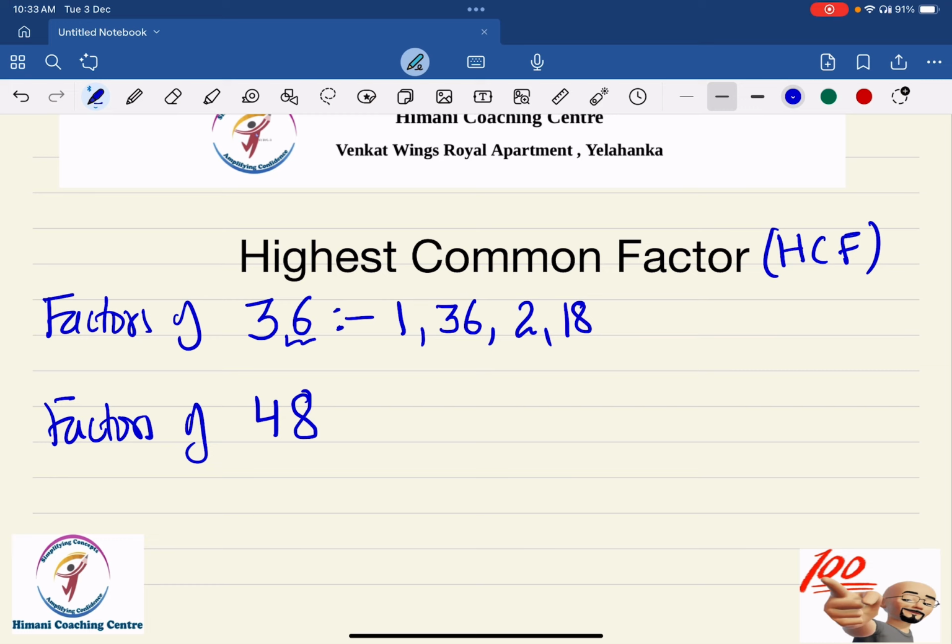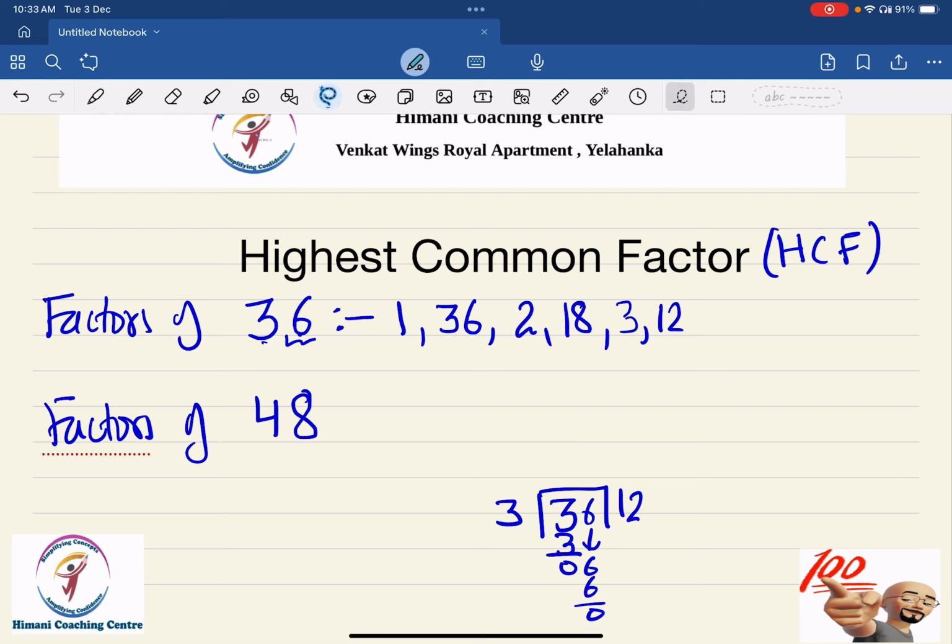Now 3 plus 6 is 9, which is a multiple of 3. So let us divide 36 by 3. 3 ones are 3. Bring down 6. 3 twos are 6. So we find that 3 and 12 are also factors of 36.